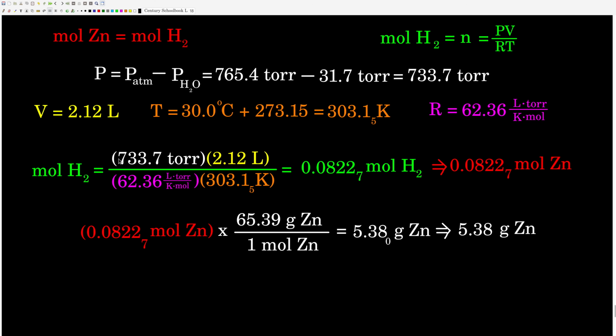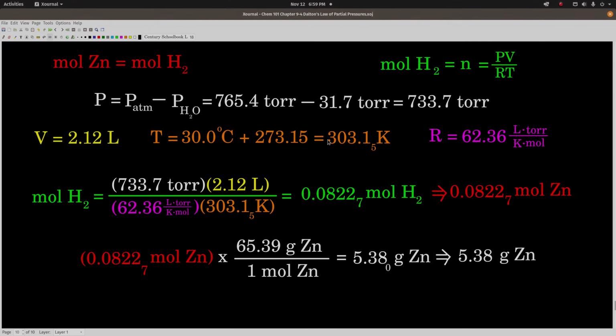Plugging into the ideal gas law, PV over RT, we get the moles of hydrogen, 0.08227, which is equal to the moles of zinc. Now that we know the moles of zinc, all we have to do is multiply by the molar mass of zinc to get the answer, 5.38 grams of zinc. And that's all there is to it, guys.